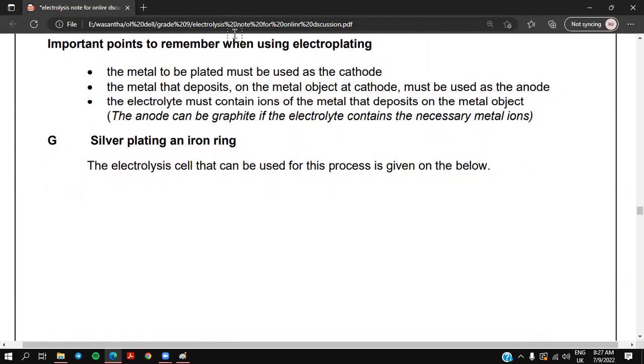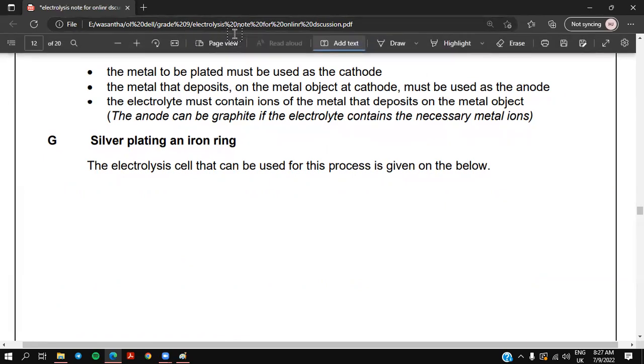Rather than reading this, I will discuss the work with the help of a diagram. Let's take the heading silver plating an iron ring. We have an iron ring.